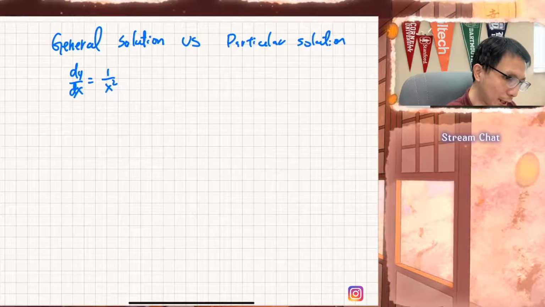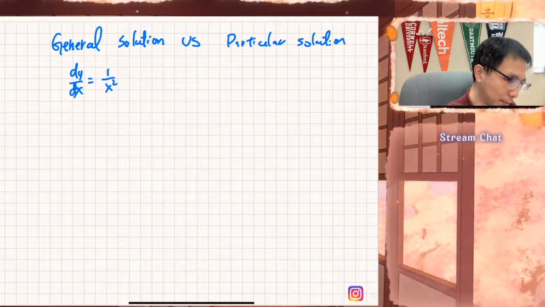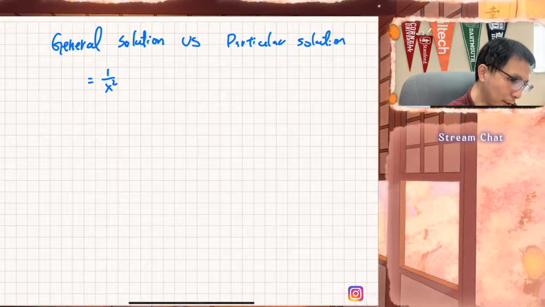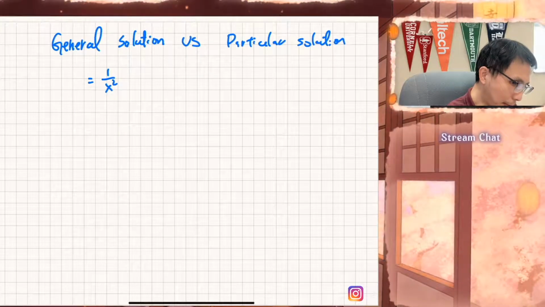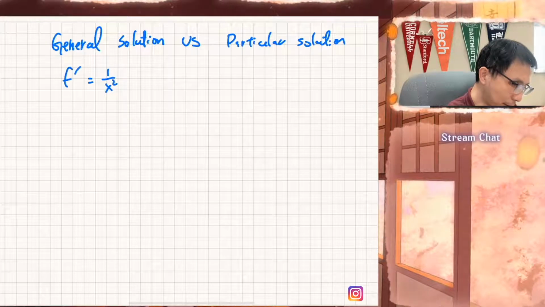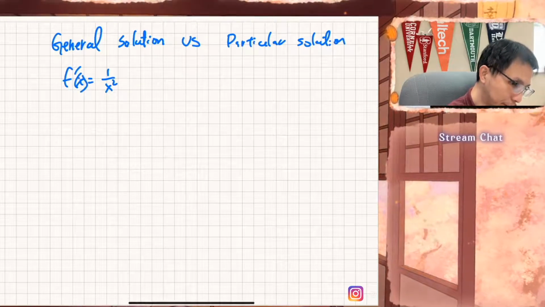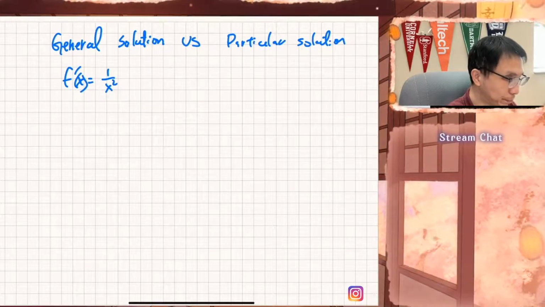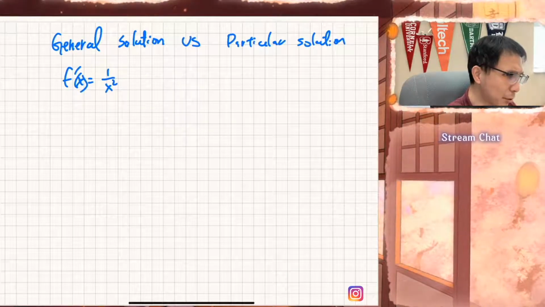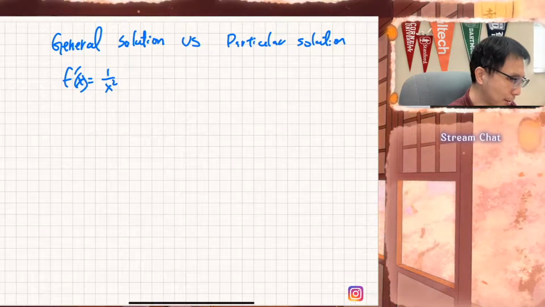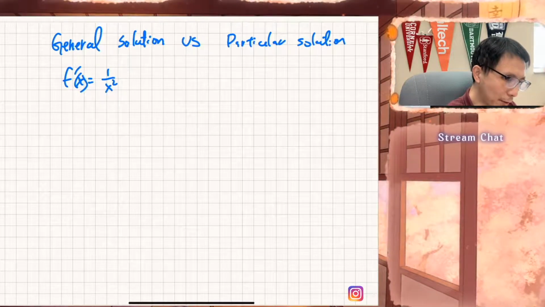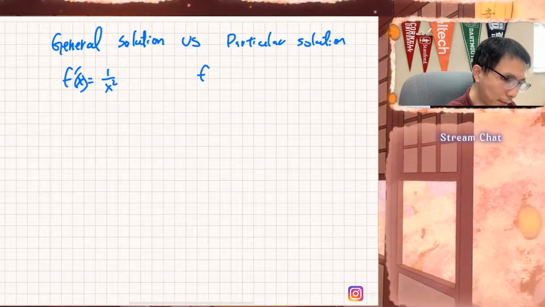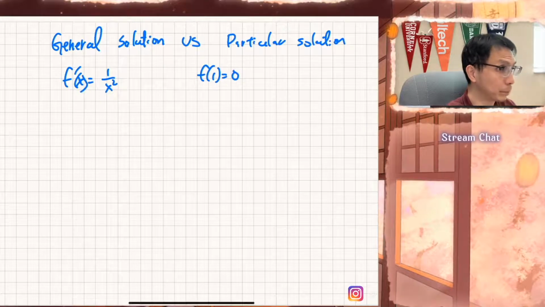Or let me change this for now to f prime of x equal to 1 over x squared. But they also give you a coordinate: f of 1 is equal to 0.